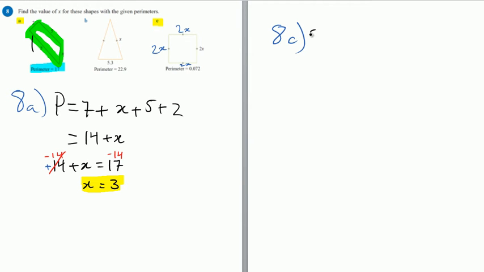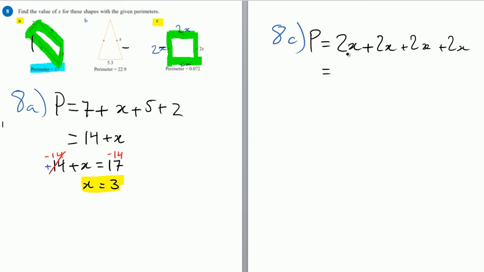Altogether the expression for the perimeter would be P equals 2x plus 2x plus 2x plus 2x.